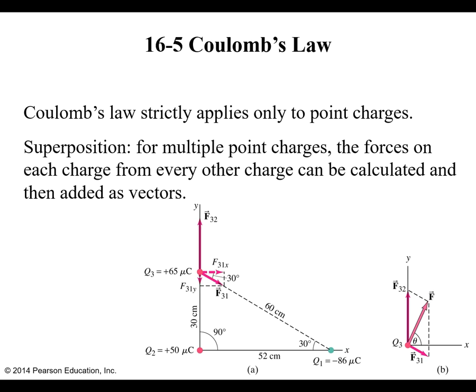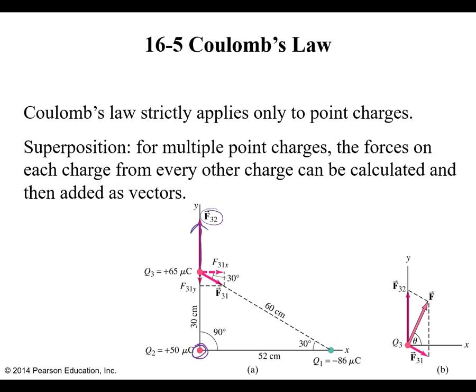Well, let's start off here. The force by charge 2. Charge 2 and charge 3 are both positive, therefore they're going to be repulsive, and that gives us a force F32 that pushes charge 3 away.